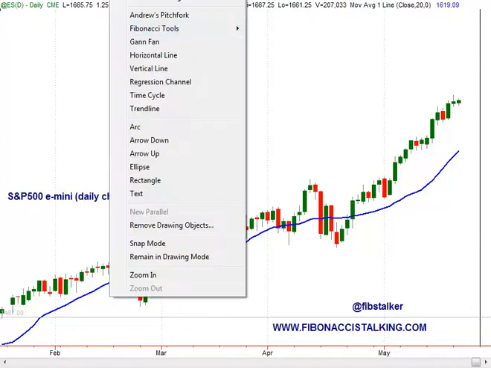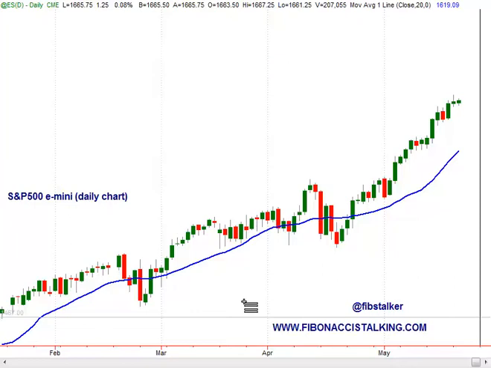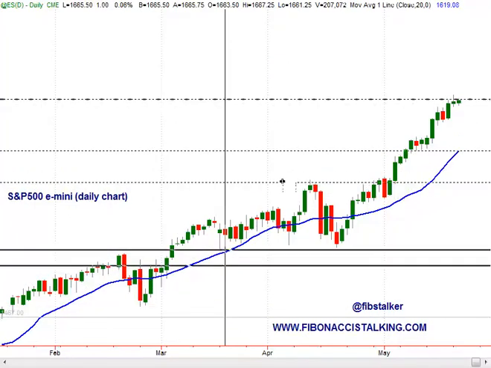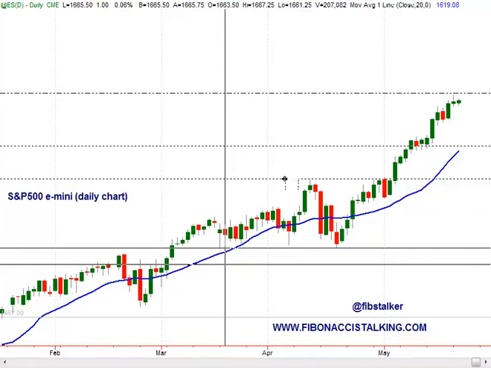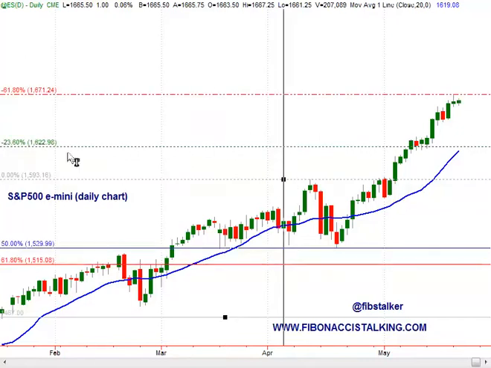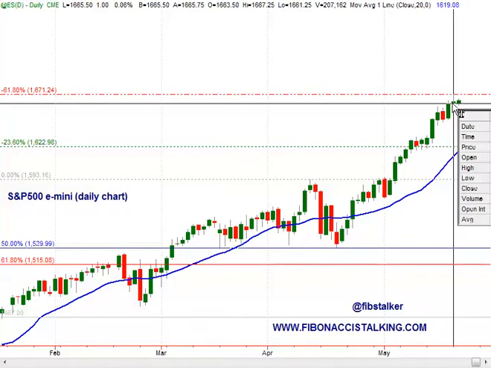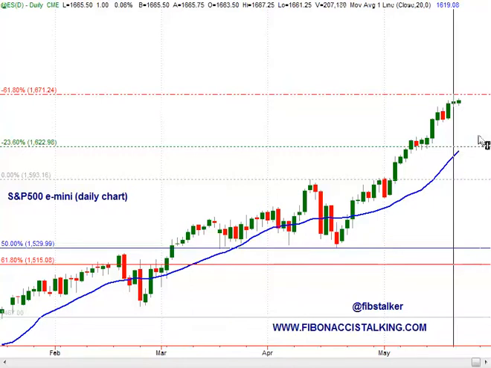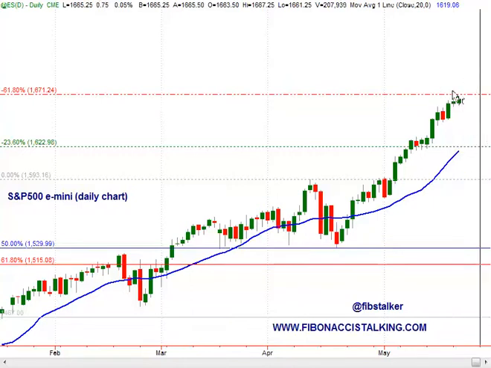We have actually hit or very close to hitting the second target here, which is this 1671, and the high was 1670.75, so we could consider this second target hit. What does that mean now? I'll show you in a minute.